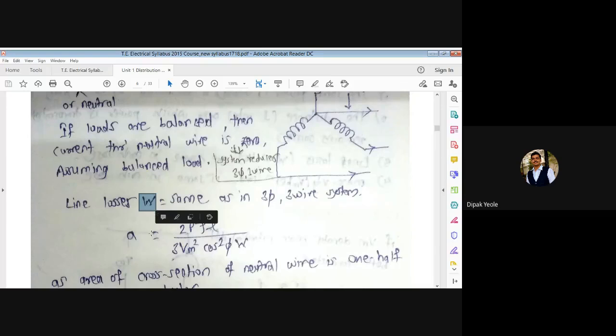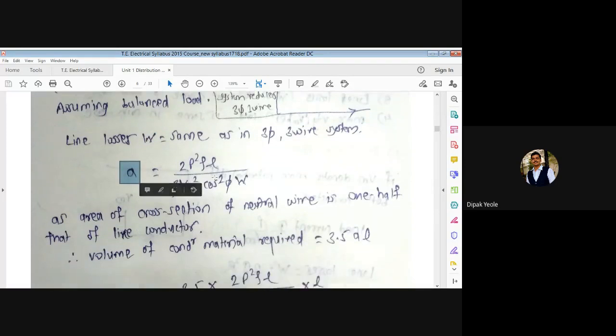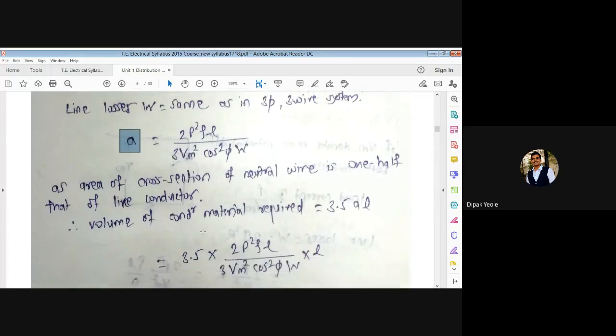W will be 3I square R. After this, rearrange the term A and you will get the A value. Now, we know that as the area of cross section of neutral wire is 1/2 that of the line conductor, so we have to add that 0.5 for the line conductor. 3 plus 0.5, it comes as 3.5 times AL.